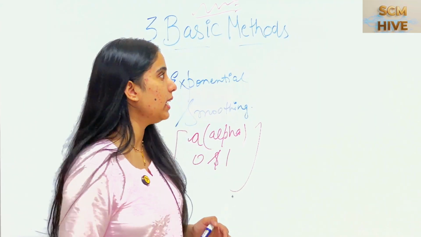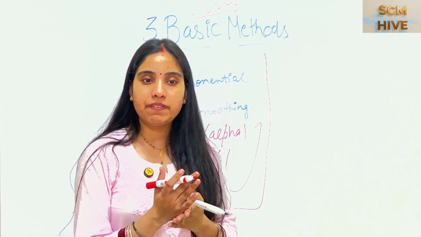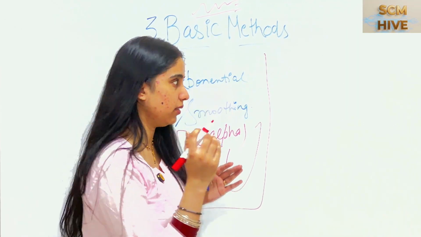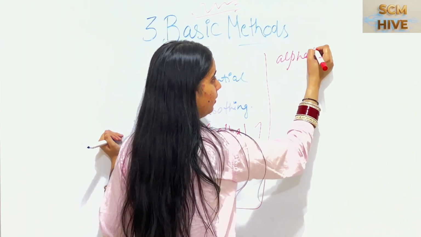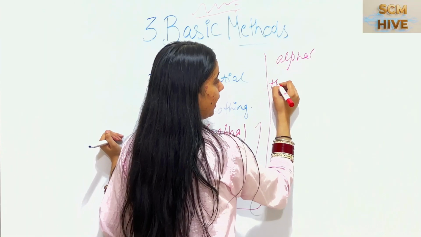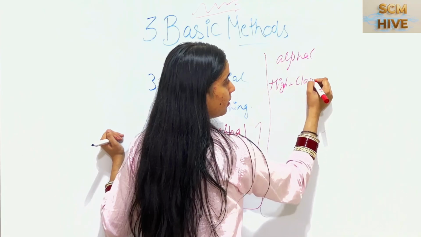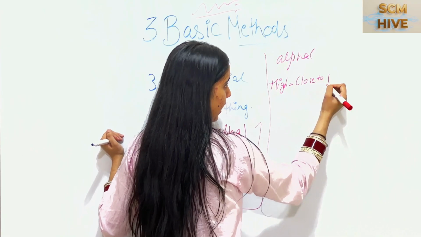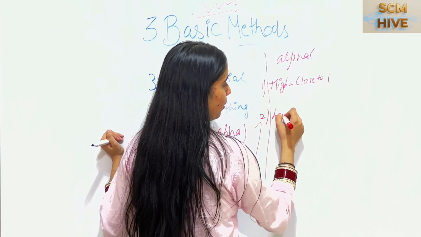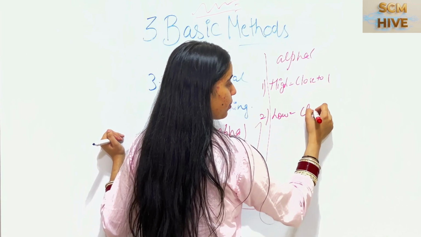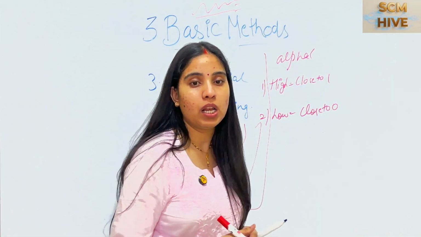If I explain it in a table, the alpha value close to 1 is high, and the alpha value close to 0 is low.